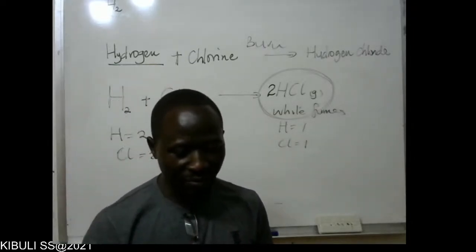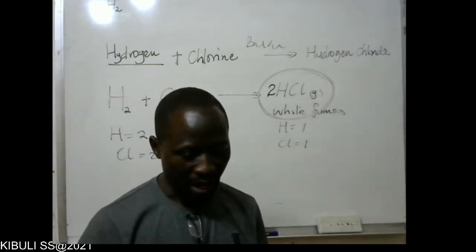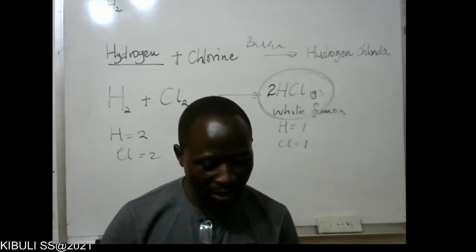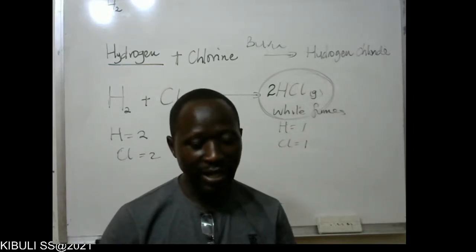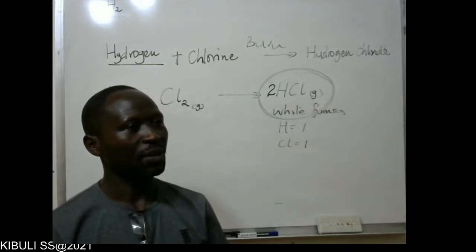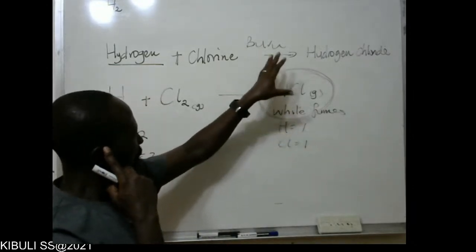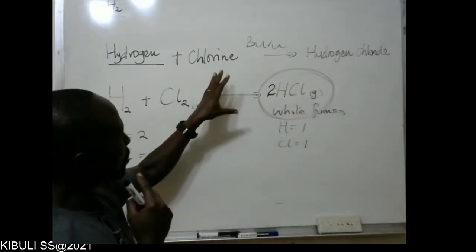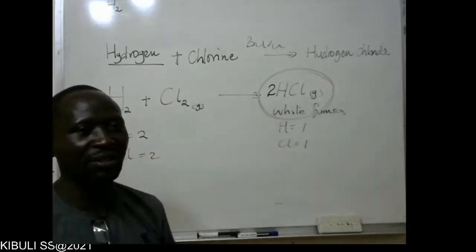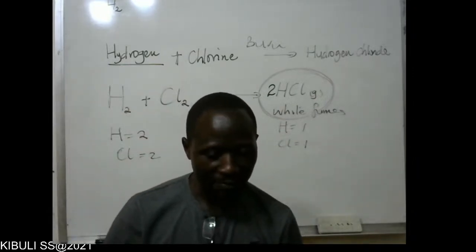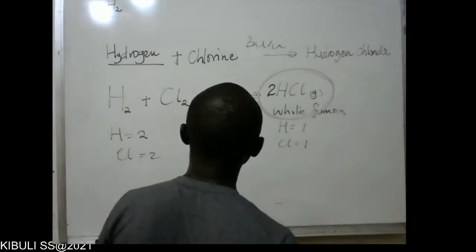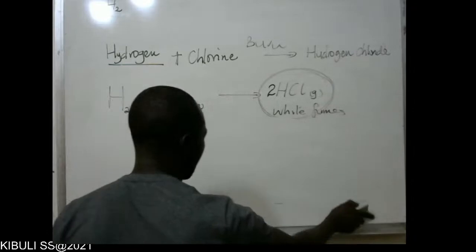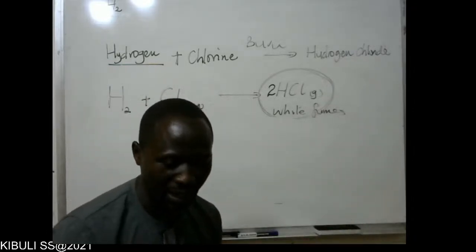So there is an equation for you in the notes, and the notes continue to say a mixture of hydrogen and chlorine also explodes when exposed to bright light. The issue of explosion is not the very important thing. The most important thing is the equation that has been formed and balancing it. And thereafter, there is a small diagram to show you how the burning is supposed to be done.